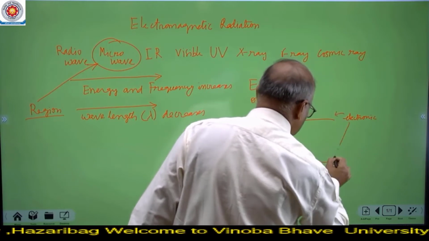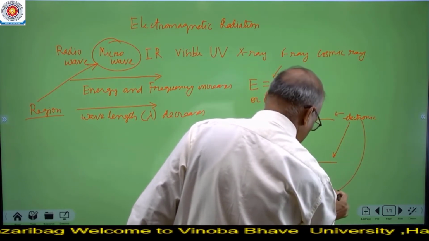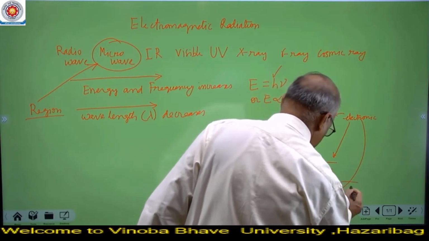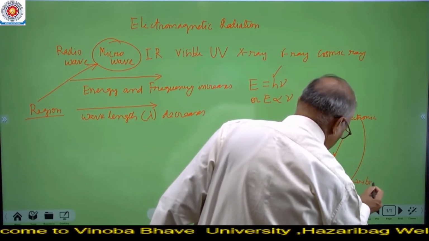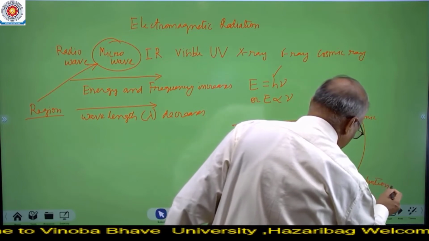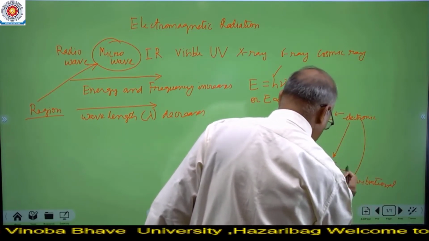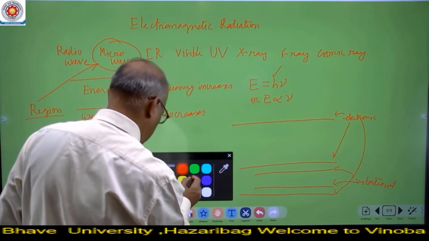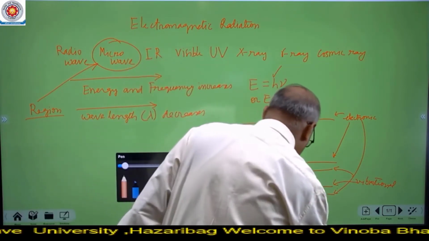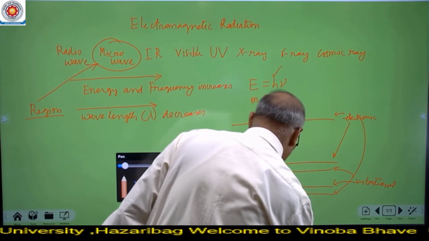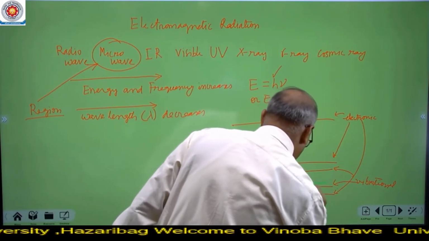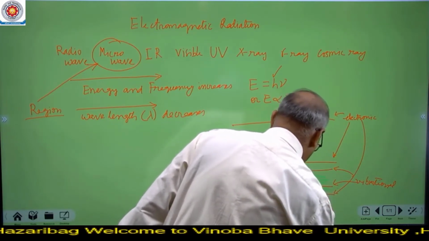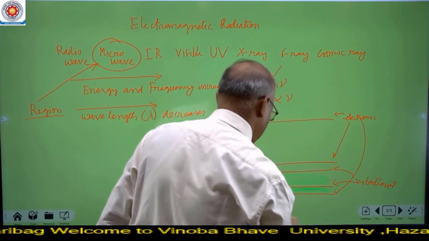These are electronic energy levels. These are vibrational energy levels. And between these energy levels, there are rotational energy levels.